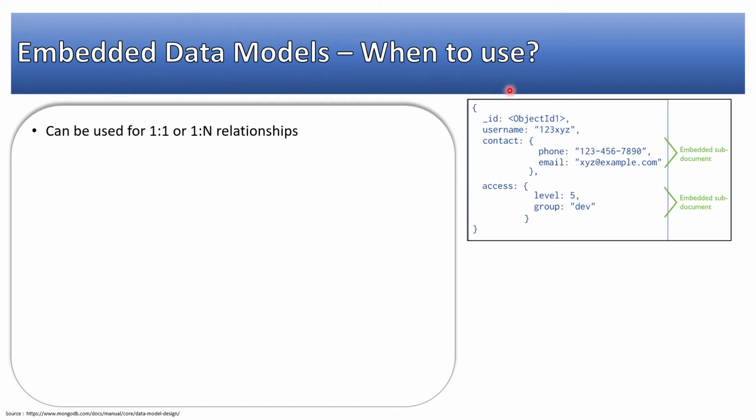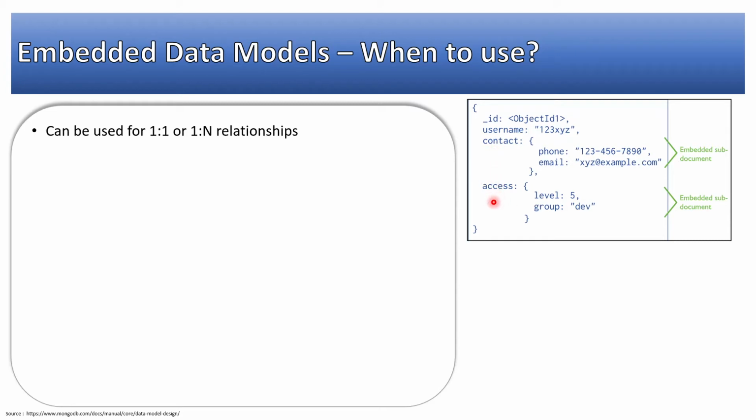Embedded data models: when to use them? When there are one-to-one or one-to-many relationships. On the right hand side of the screen you can see the embedded model. We have a user, and we are supposing that one user will have one phone and one email, and access can also be controlled.